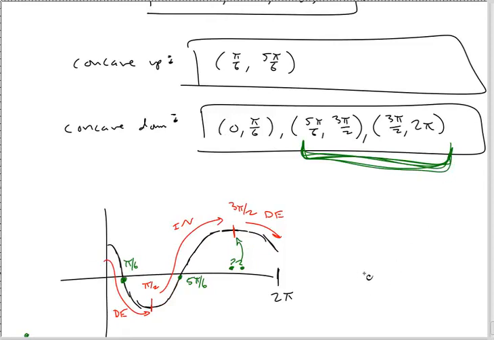What's going on is that it's actually horizontal for just a whole split second right here. It's just horizontal for just a split second. And therefore, my concavity, it doesn't change, but at this split second of horizontalness, it doesn't quite have the concavity that it should have. I think this is a very confusing problem.